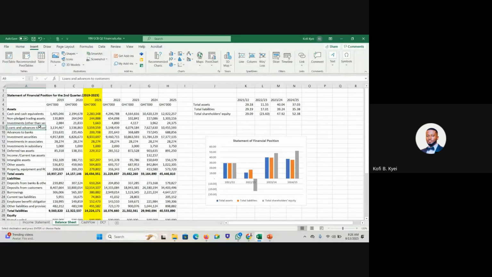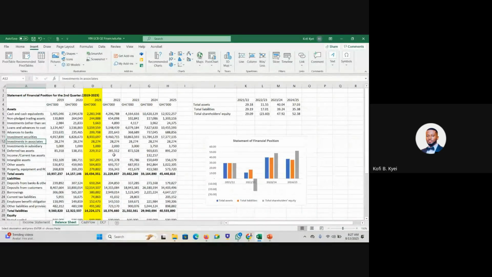When they give out loans, the money still belongs to the bank, because you are paying interest on it. Advances to banks, advances are also termed as loans, so monies that have been given to other banks to work with. Investment securities can be bonds, stocks, or other securities.